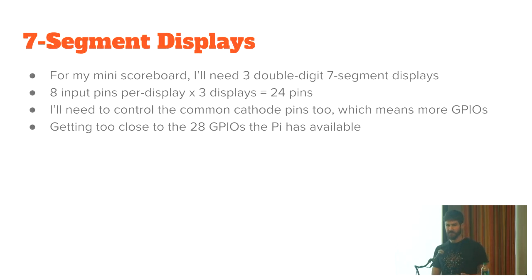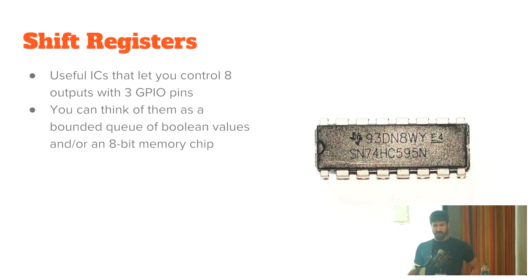I need one pin to control each segment of these 7-segment displays, and I'm pushing near the limit of pins that the Raspberry Pi has available for that sort of thing. So I needed to figure out how to control many outputs with only a few output pins on the Pi.